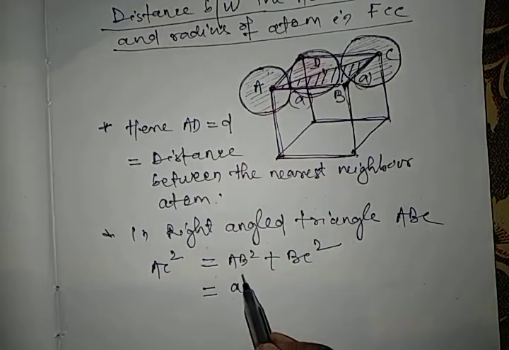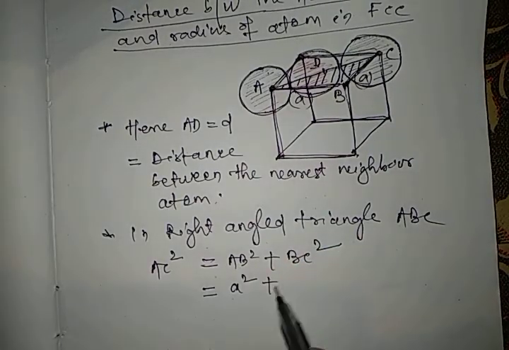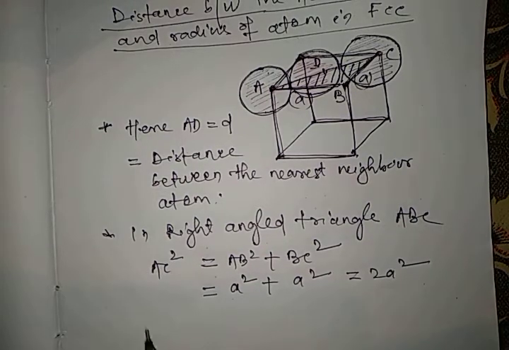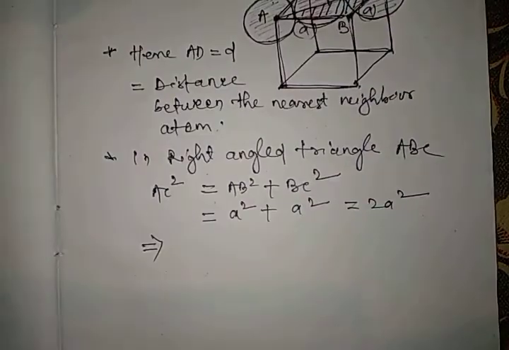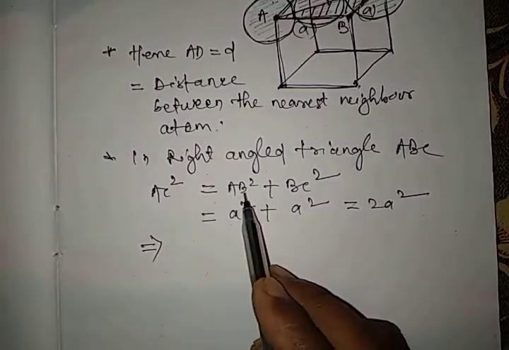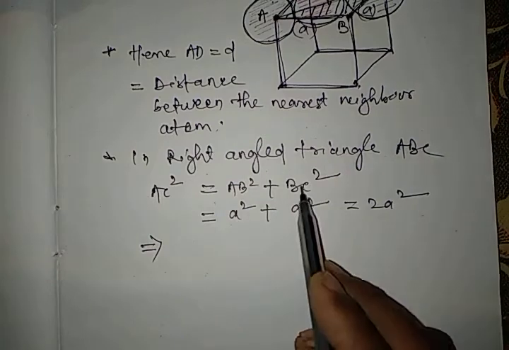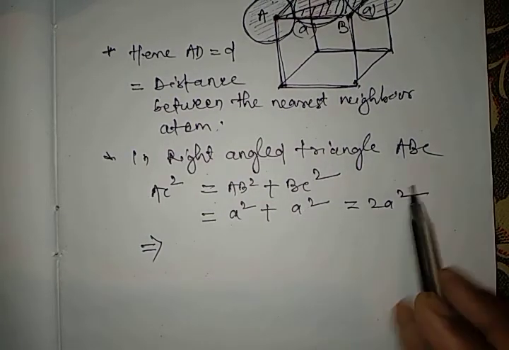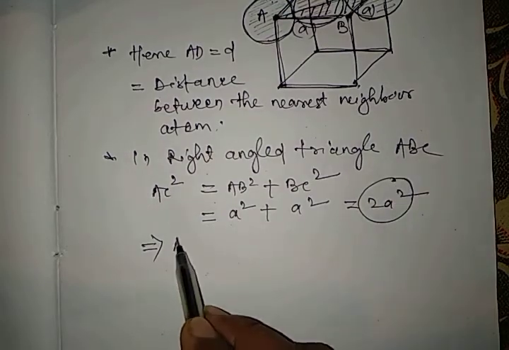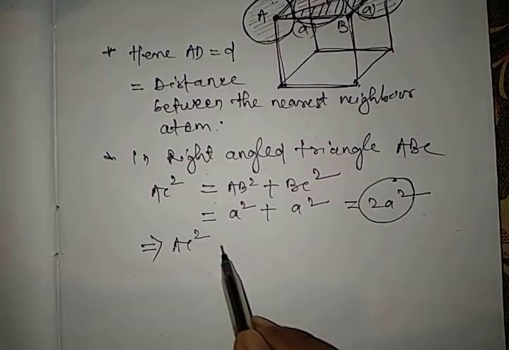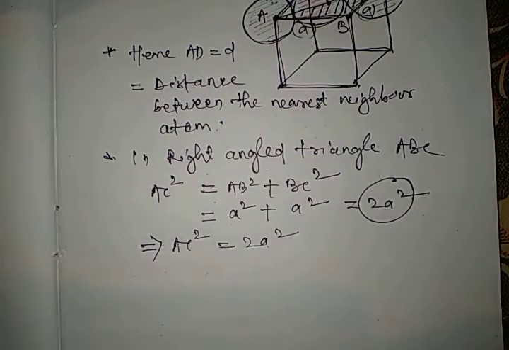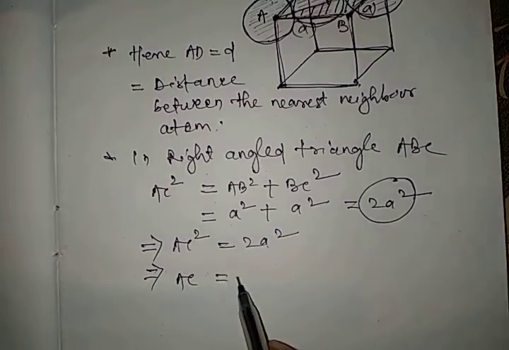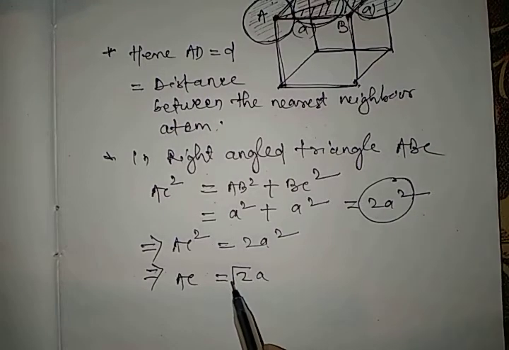So AB square equals a square, BC square equals a square, which gives 2a square. That implies AC square equals 2a square, so AC equals root 2 a.